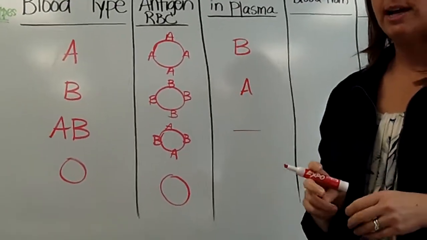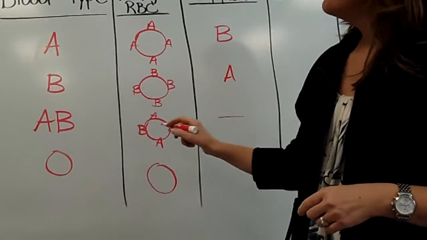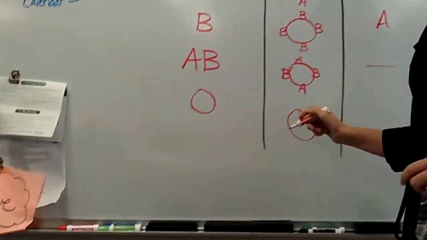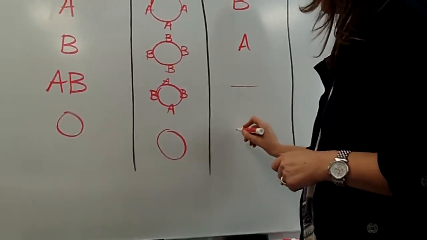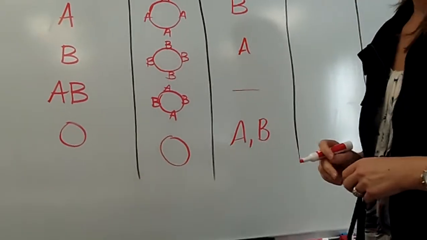So there's no antibodies in there. You can accept A's and B's. But if you have type O blood, then you make antibodies against both A and B.